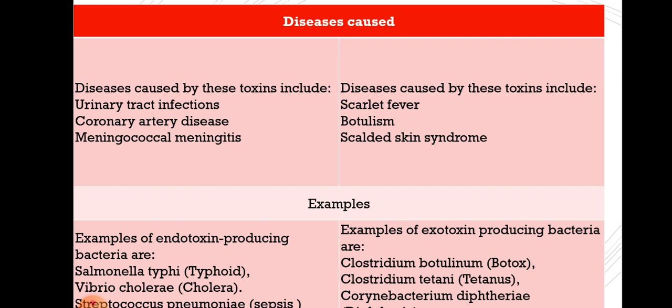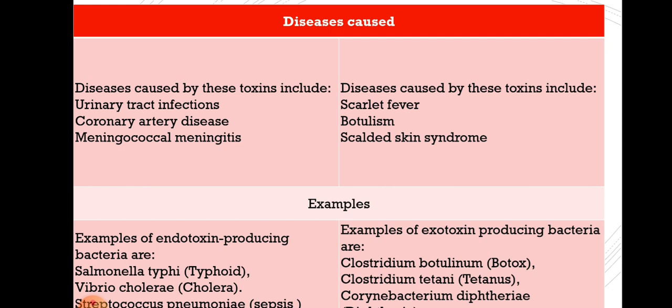Endotoxins cause urinary tract infections, coronary artery disease, meningococcal meningitis, whereas exotoxins cause scarlet fever, botulism, scalded skin syndrome. Examples for endotoxin producing bacteria: Salmonella typhi, which causes typhoid; Vibrio cholerae causes cholera; Streptococcus pneumoniae causes sepsis.